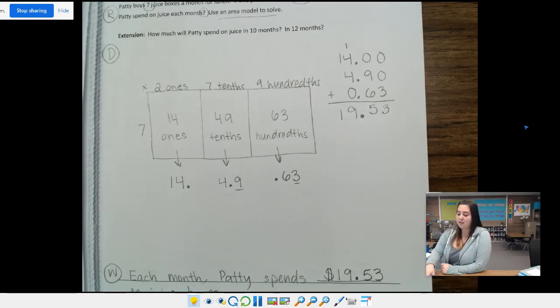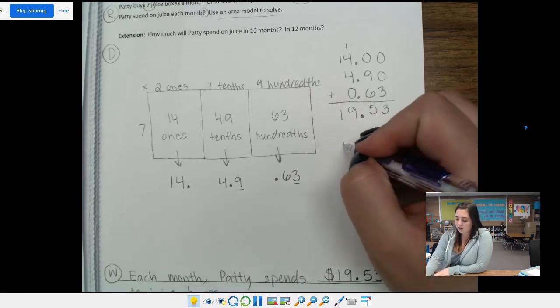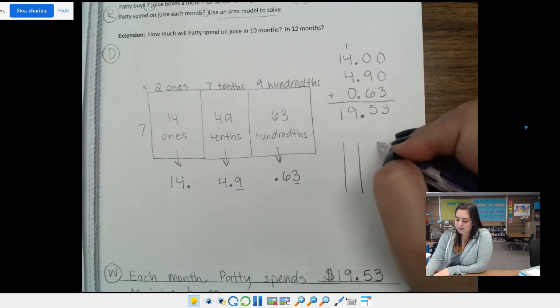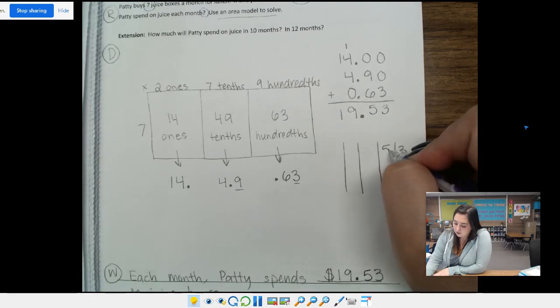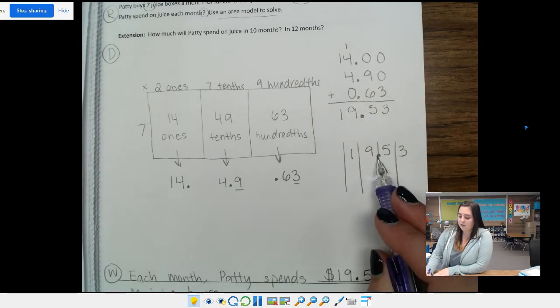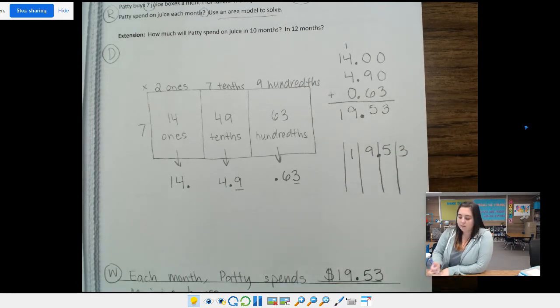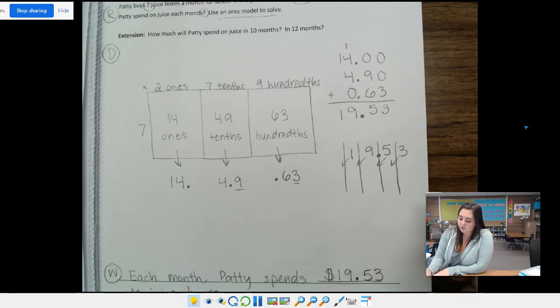All right, here's what I do. If I need to multiply this number by 10, we were multiplying by 10 since the beginning of the year. So I'm going to write these numbers. There's my 19 and 53 hundredths times 10. Everything shifts one spot to the left.